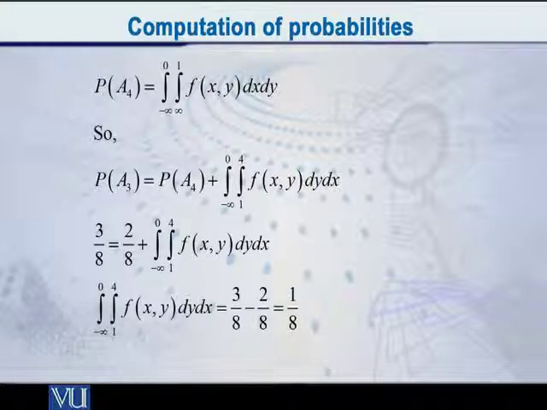And what is that one? It is that the probability of A3 is equal to the probability of A4 plus the integral from minus infinity to 0, the integral from 1 to 4, f of xy dy dx.